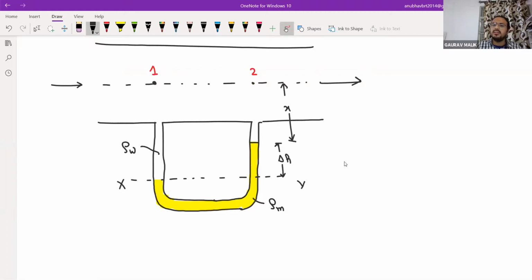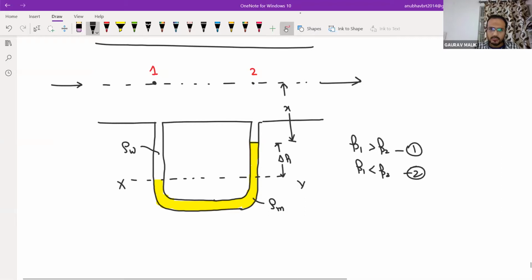Okay, tell me one thing. P1 greater than P2 or P1 less than P2, just from your basic sense. Which one is correct?